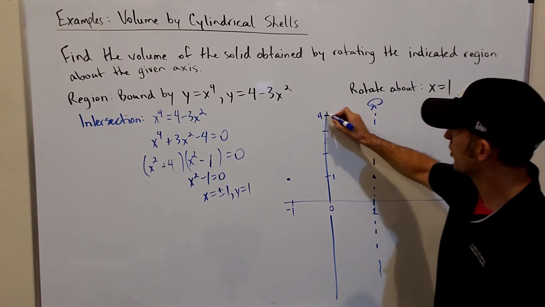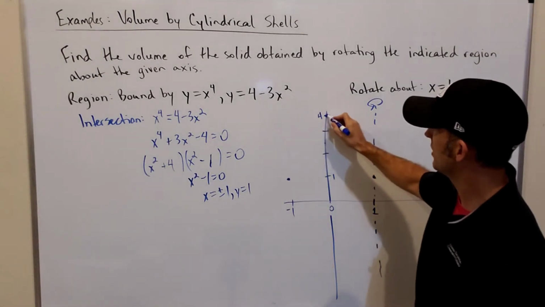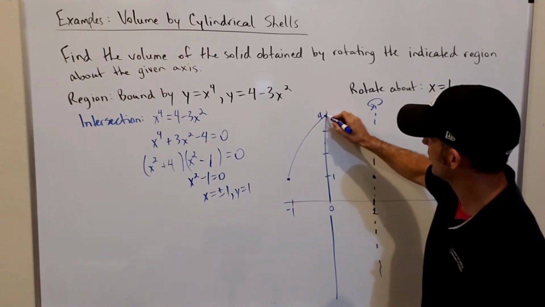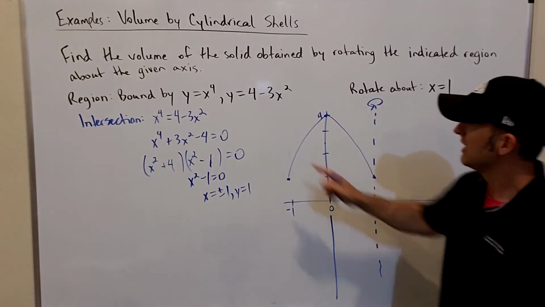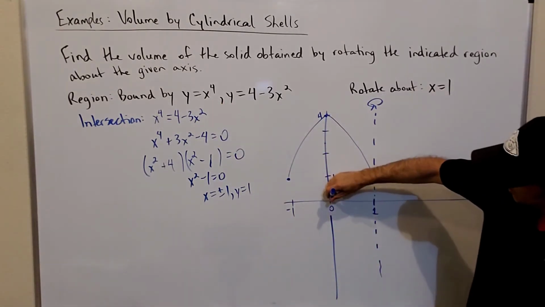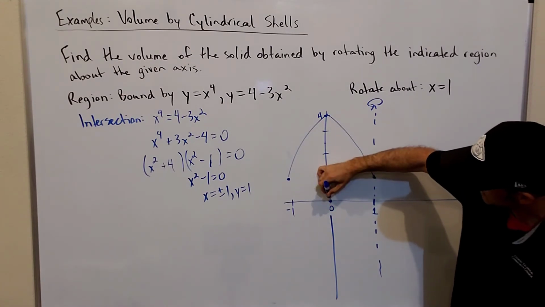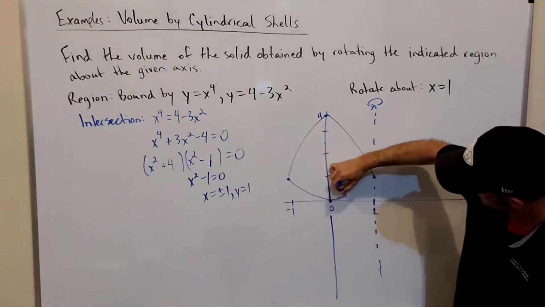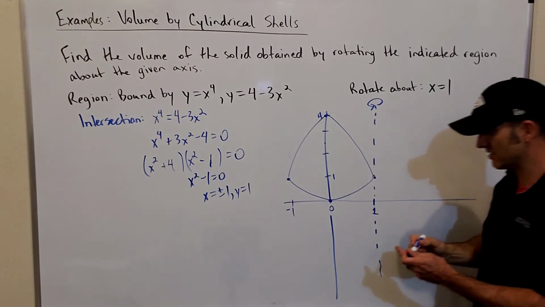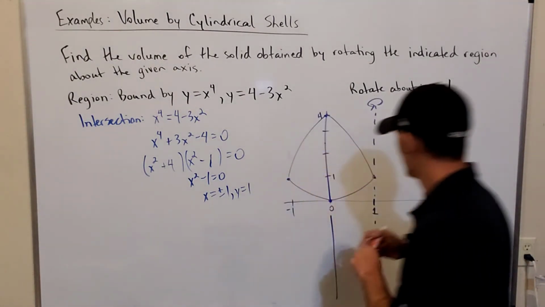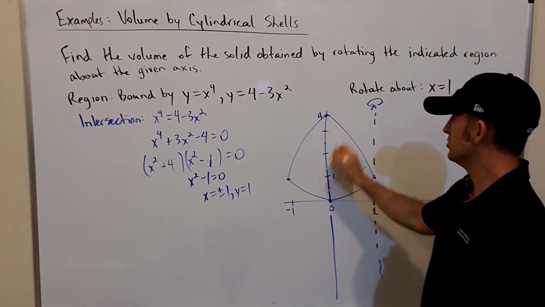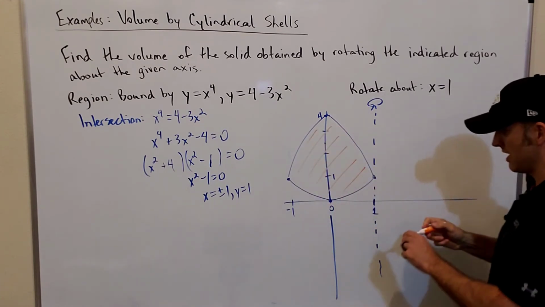So the parabola 4 minus 3x squared looks like this. It opens downward, y-intercept of 4. And then y equals x to the fourth has a y-intercept of 0, and it grows like this. So we get this region here that we're rotating around the vertical line.